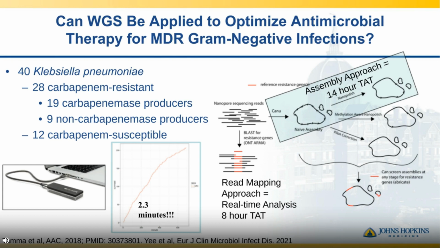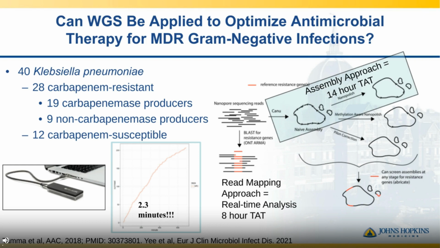However, we know with Nanopore sequencing, the long read sequencing, the advantage of long reads I highlighted earlier from a whole genome sequencing perspective is that you can get enclosed genomes and plasmids, but also it allows us for real-time sequencing analysis. So as we start the sequencing run, we could already start to analyze the data being produced, unlike the Illumina, which requires your sequencing run to be complete.